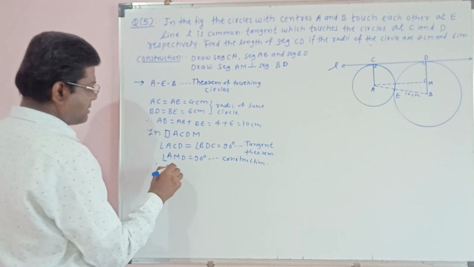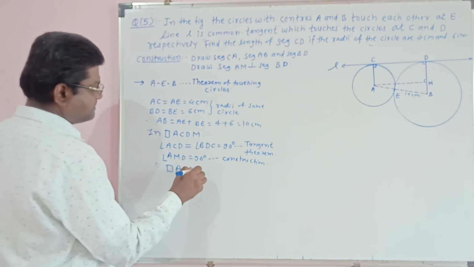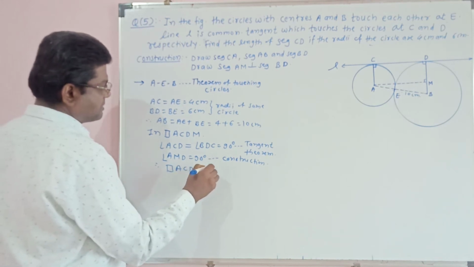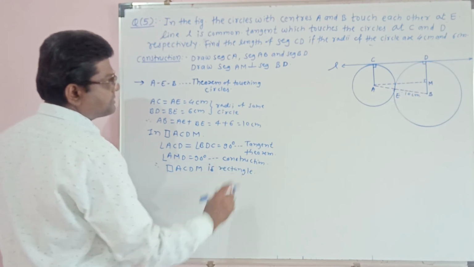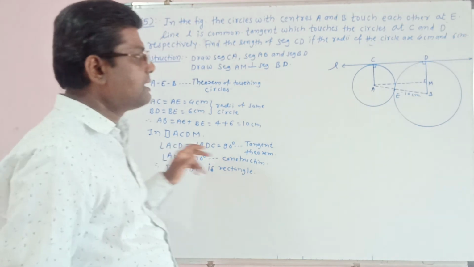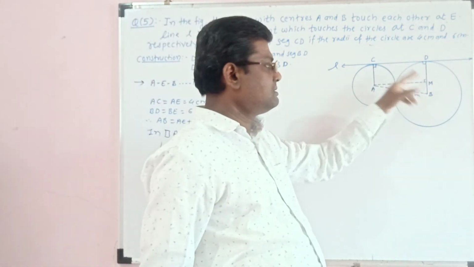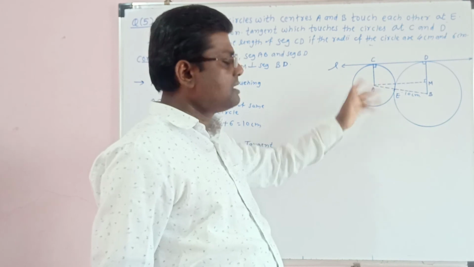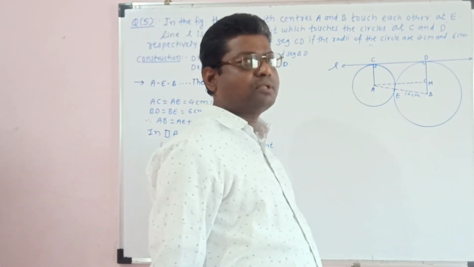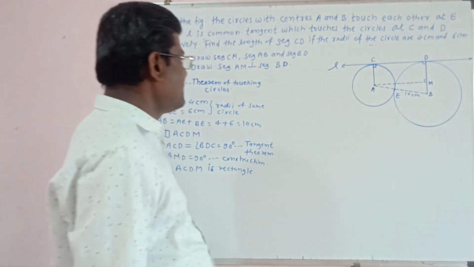Therefore, quadrilateral ACDM is a rectangle. Its three angles are 90 degrees, therefore this angle is also 90 degrees, so this quadrilateral is a rectangle.